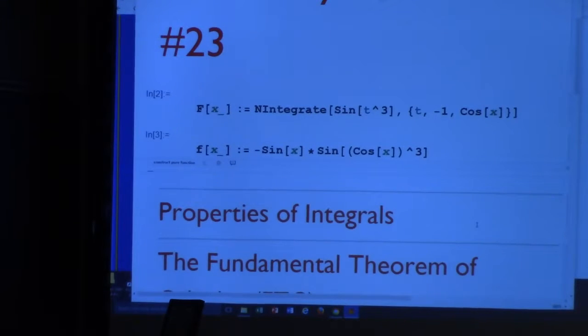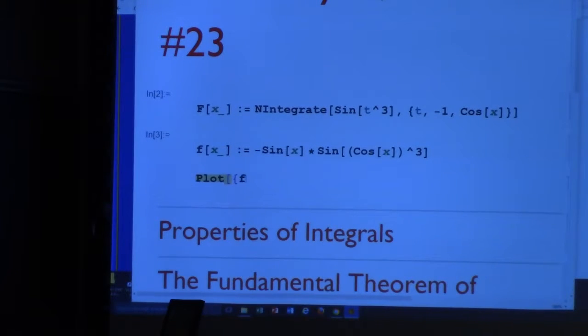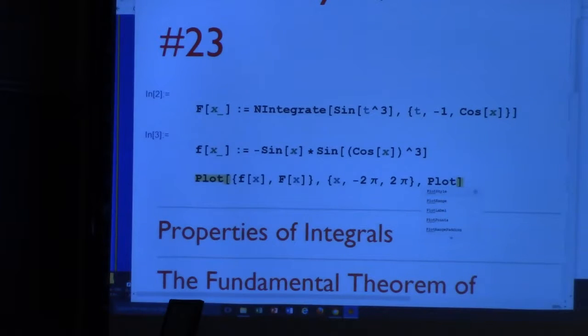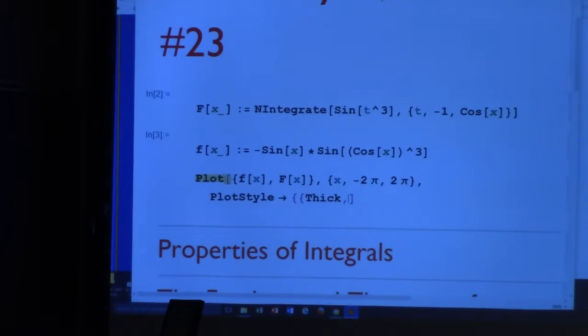Let's plot them both. I'll go from negative 2 pi to positive 2 pi. Let's make the derivative red and the original function blue.